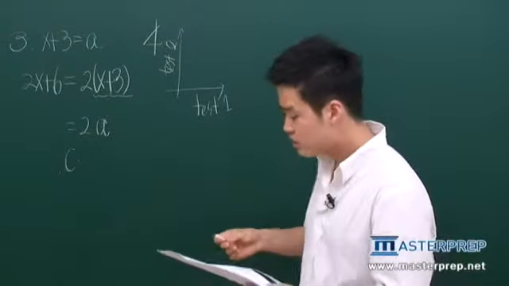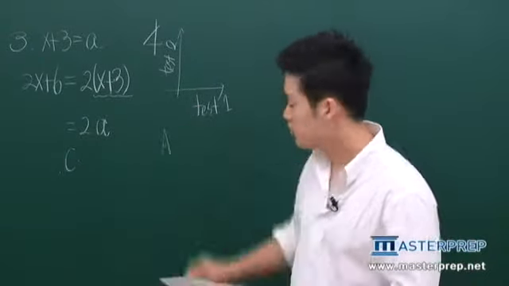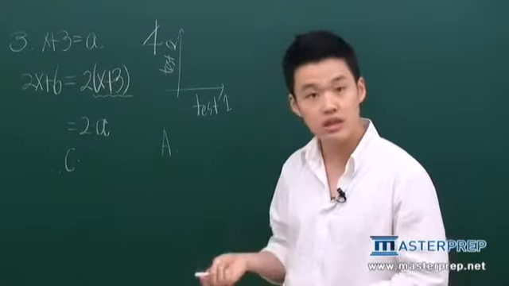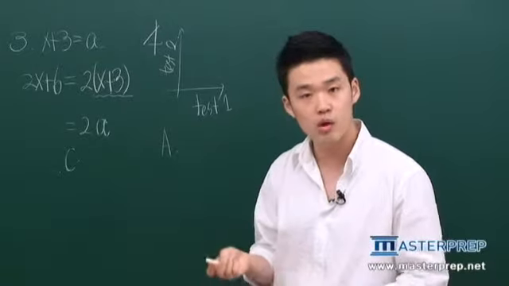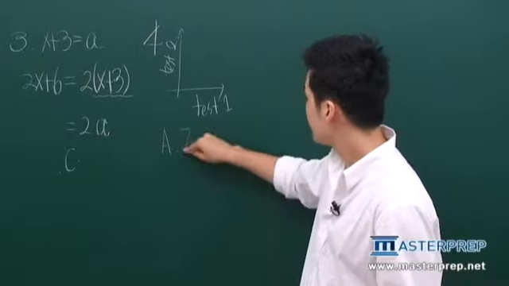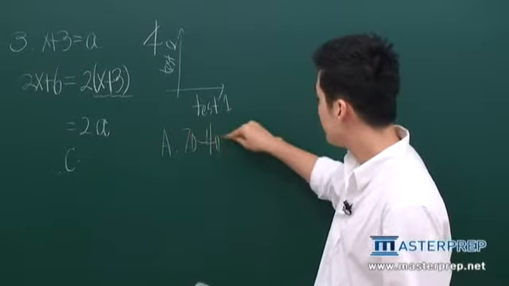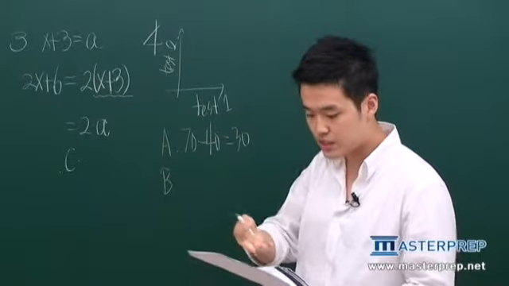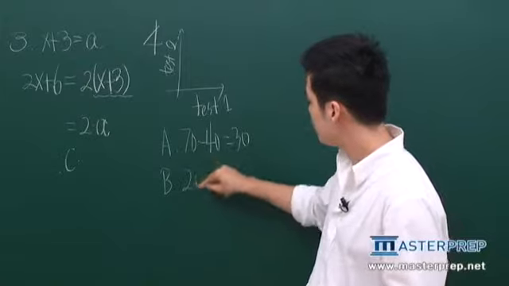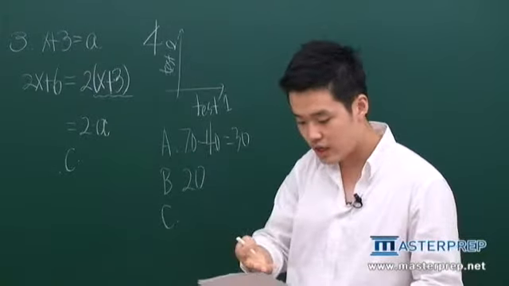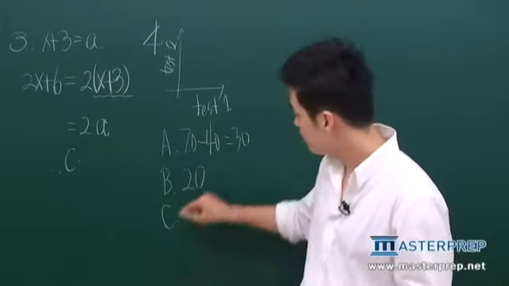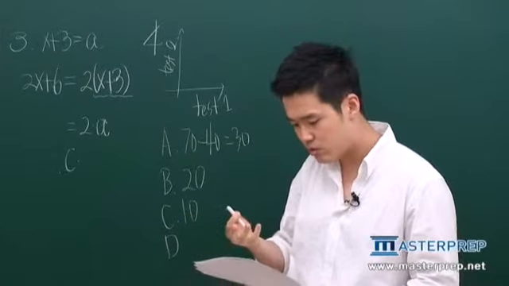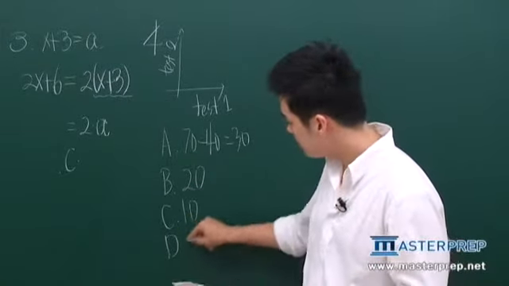For A, 70 minus 40 is 30. For B, 60 minus 40 is 20. For C, 70 minus 60 is 10. For D, 80 minus 80, there's no difference.